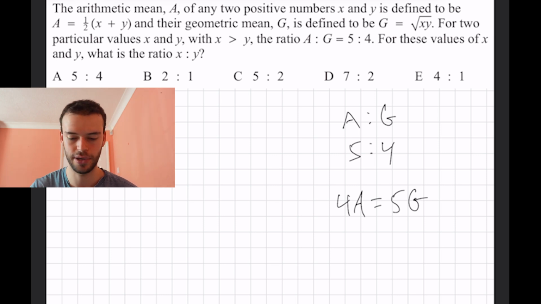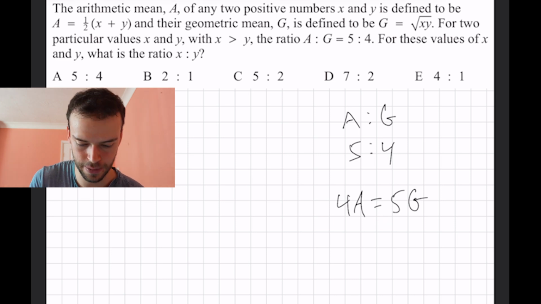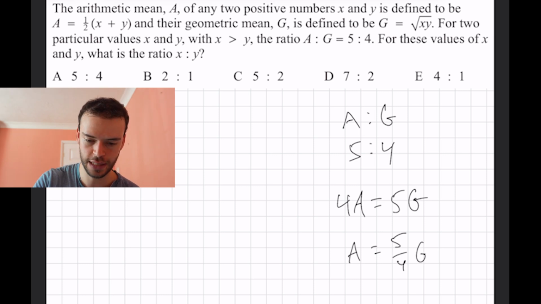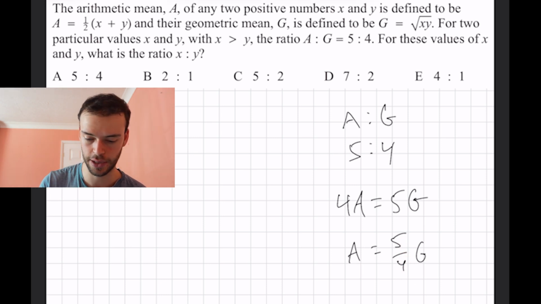Now, some people get a bit confused when converting ratios into equations because it's the opposite numbers. But let me try and explain it. A equals 5/4 g is what this ratio is saying. It's saying that A is larger than g, so g needs to be multiplied by this 5/4 fraction in order to equal A. Okay, cool.